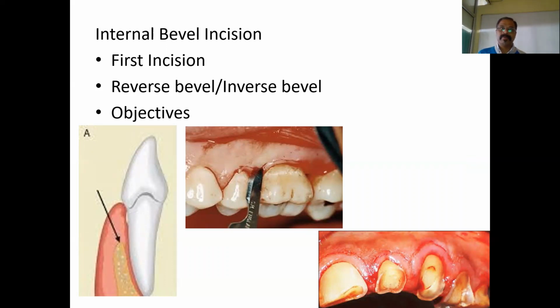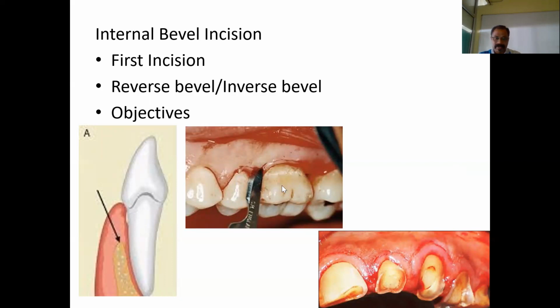If you remember when we discussed ENAP, the excision new attachment procedure, there also we gave an internal bevel incision aiming at the crest of your alveolar bone. Here also, the internal bevel basically starts from some distance from your marginal gingiva, aiming at your alveolar crest.